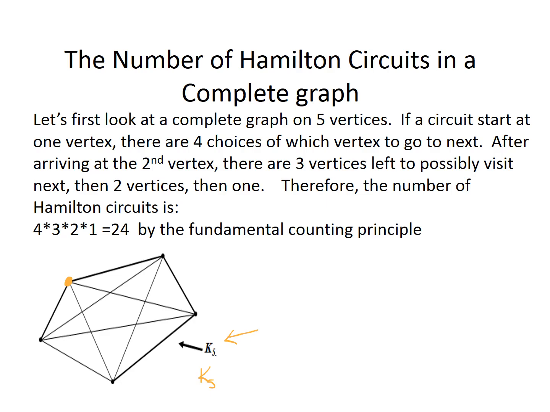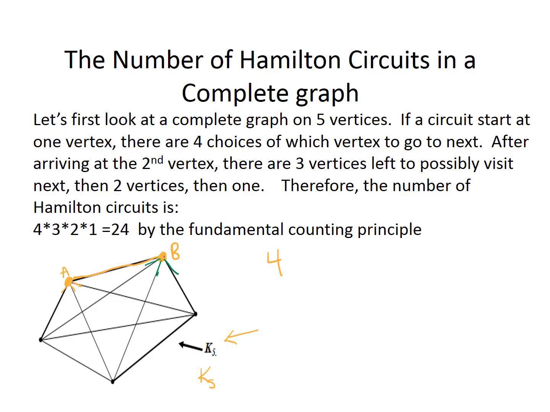But if we start at this one, we can see that there's actually 4 different paths that we could take. So let's start here at A, and we could go to 4 different vertices. Then suppose I end up taking this path and I go to this vertex. Now from there, I'm not going to go back to A, right? We visit each vertex exactly once.